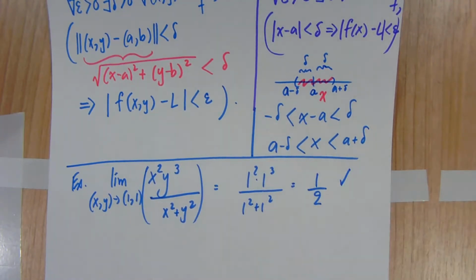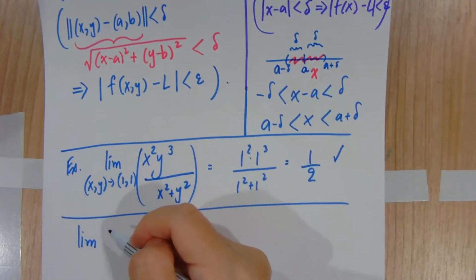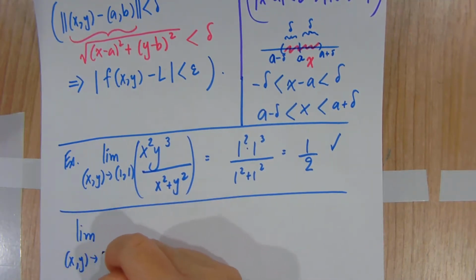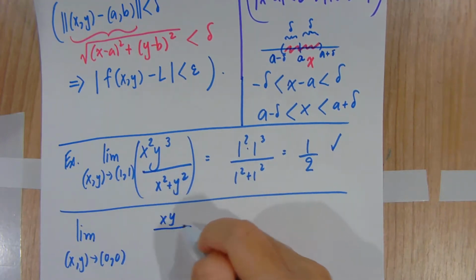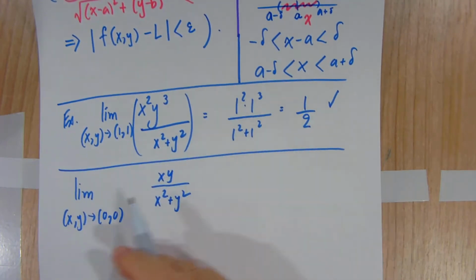You can try it. But if the limit of (x, y) close to (0, 0) of the point xy... Okay, so what happens?